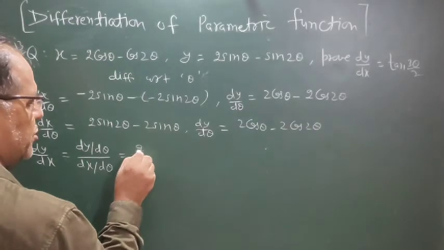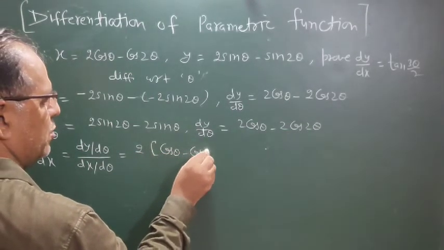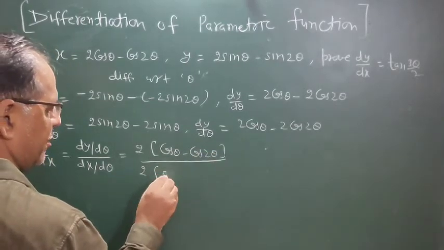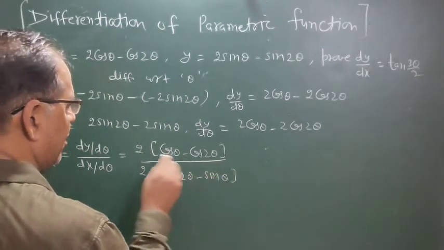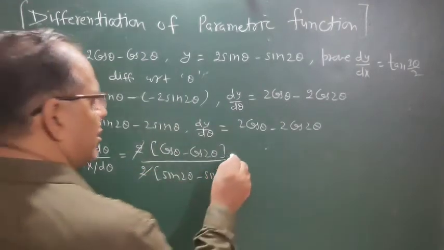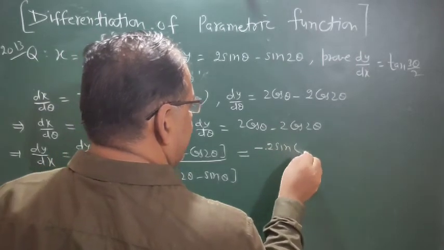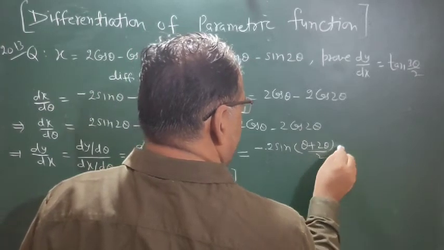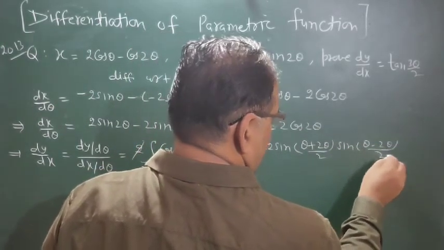So this becomes 2 is common, cos theta minus cos 2 theta upon 2 is common here, sin 2 theta minus sin theta. The 2 and 2 cancel out. Now apply the identity for cos C minus cos D. So this becomes minus 2 sin (theta plus 2 theta) upon 2, sin (theta minus 2 theta) upon 2.